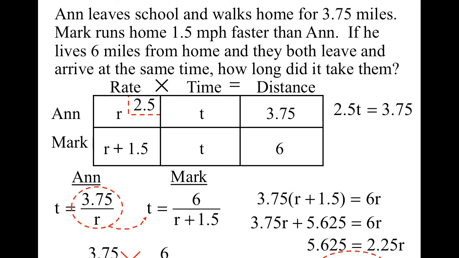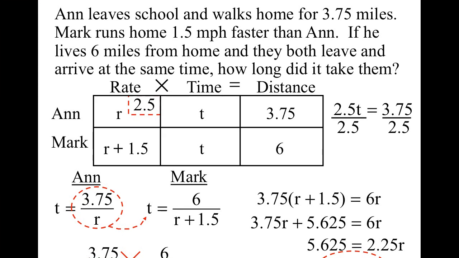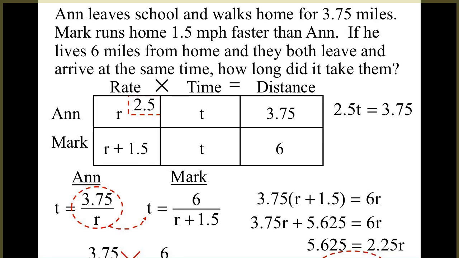So they're doing it to the first one, Anne, right? So we're going to take the first equation, Anne, right here, rate times time equals this, and that's where we're getting this equation.